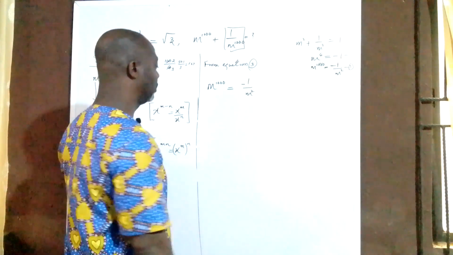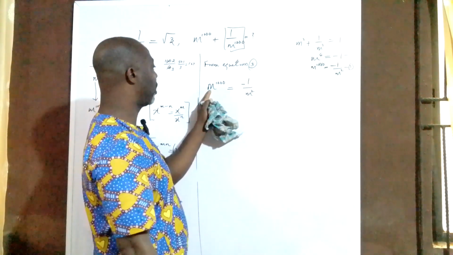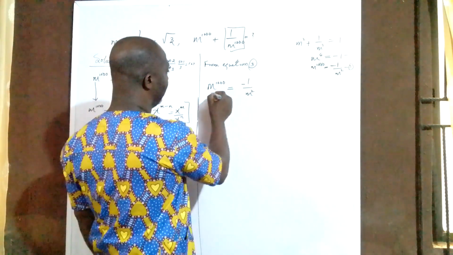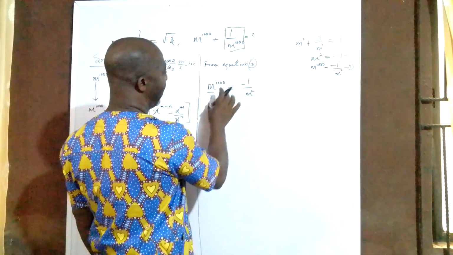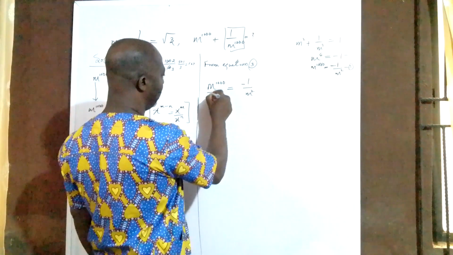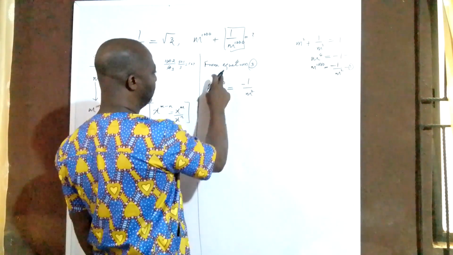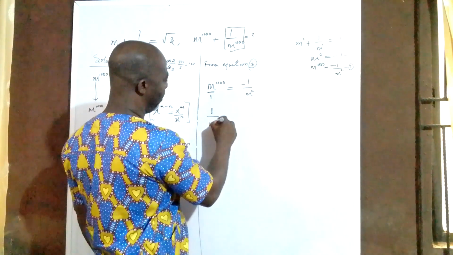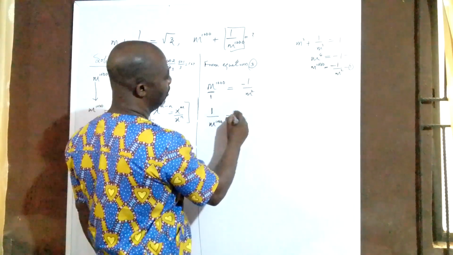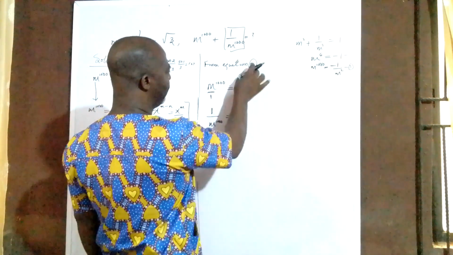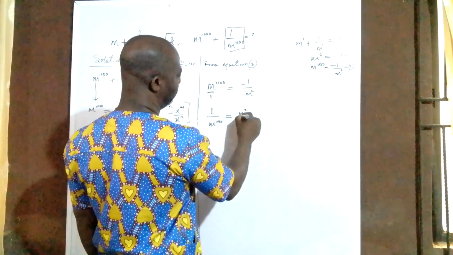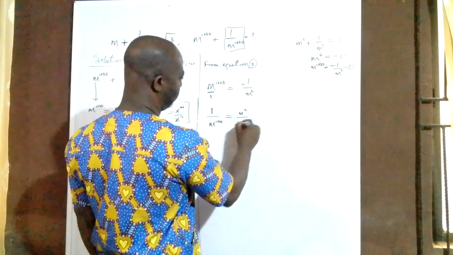So the reciprocal of m to the power of 1000, if I flip it as 1 over m to the power of 1000, of course this one also will be flipped, so that we have m squared all over minus 1.